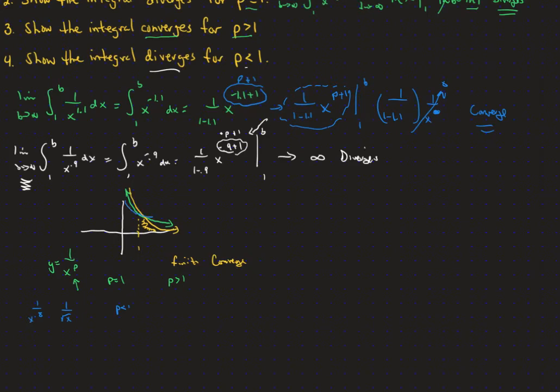As you come in here, it's going to lie above the curve y equals 1 over x, and so it's not going to approach the x-axis fast enough to capture a finite area. And in fact, what's going to happen then is it's going to diverge. So, how can this help us?